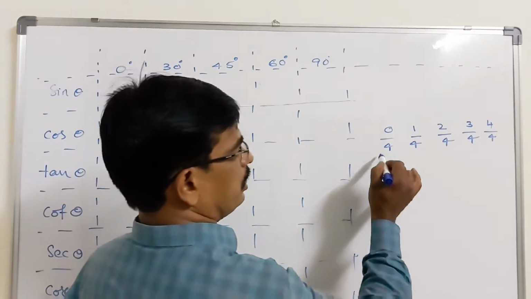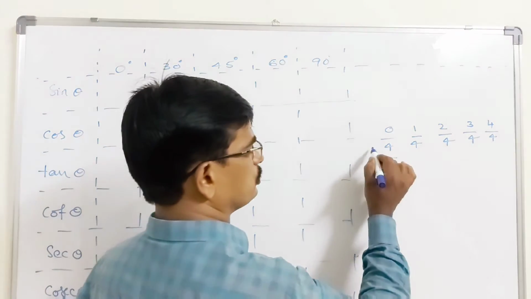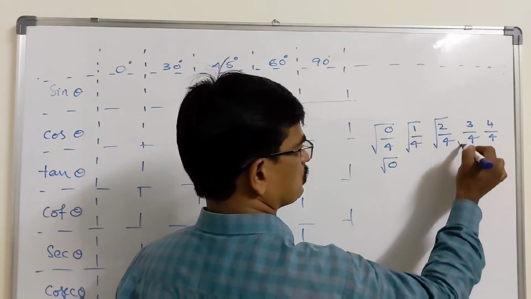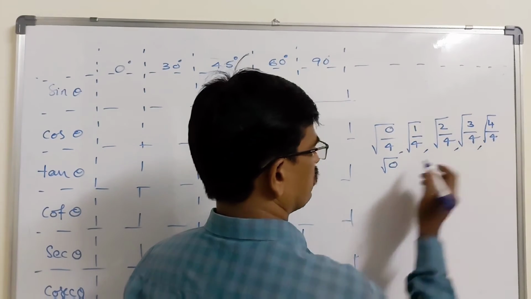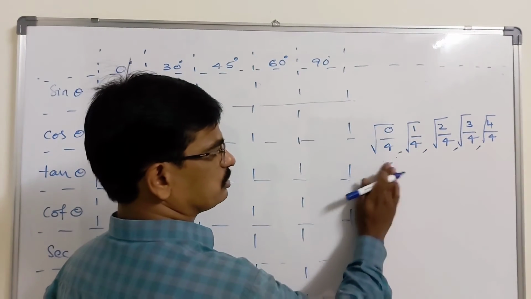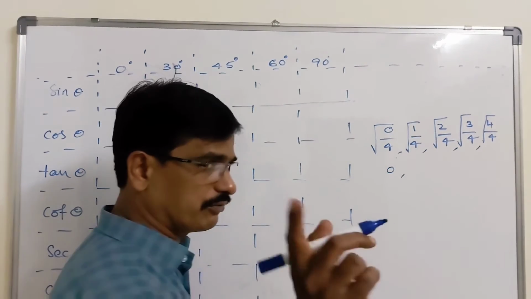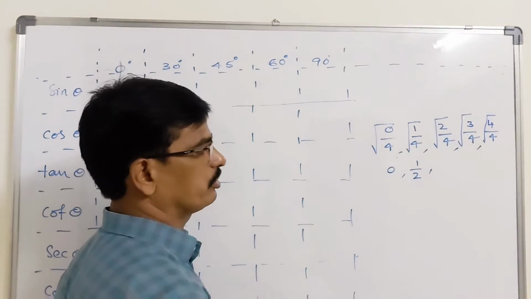Okay. Now if you apply the square root, square root of 0 is 0. Now apply it for all these numbers. Square root of 1 by 4: square root of 1 is 1, square root of 4 is 2, that is 1 by 2.